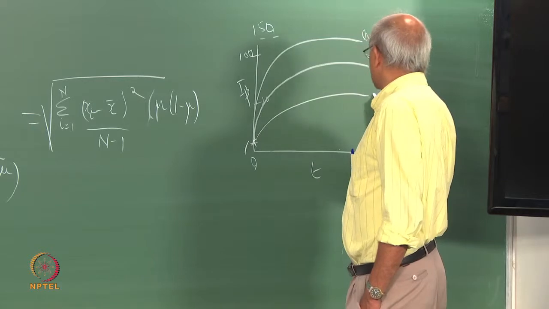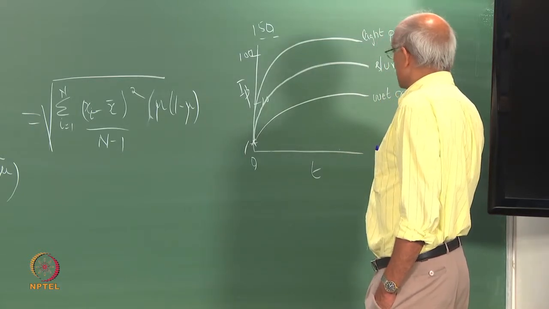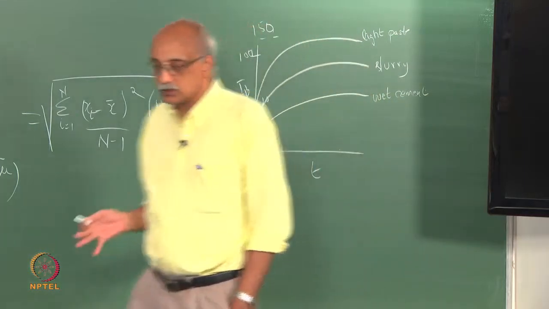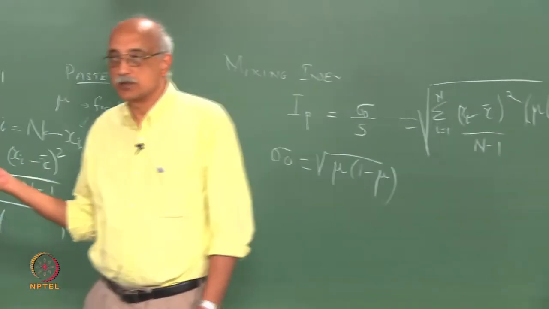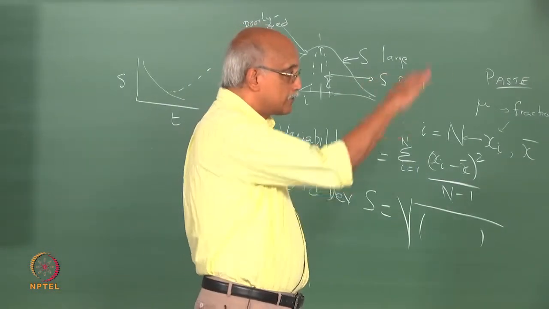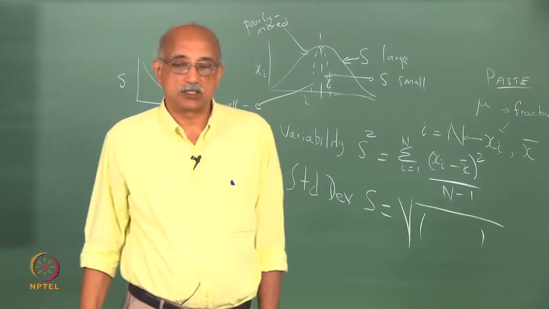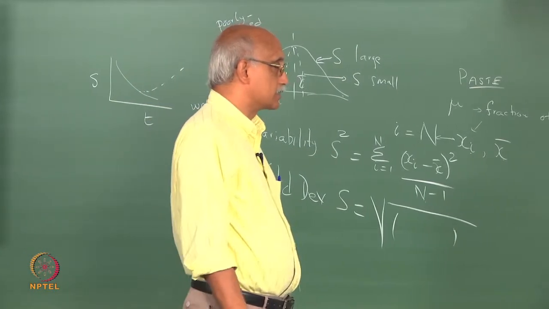And if you do this for wet cement, you may get a very different curve. The qualitative behavior is still the same. You start from 1 and you reach a maximum asymptotic value and then you stop there, but the asymptotes, as you can see, are very different in the different cases.